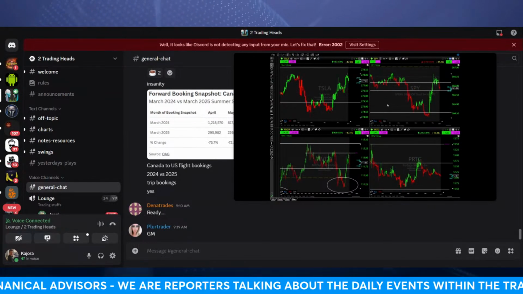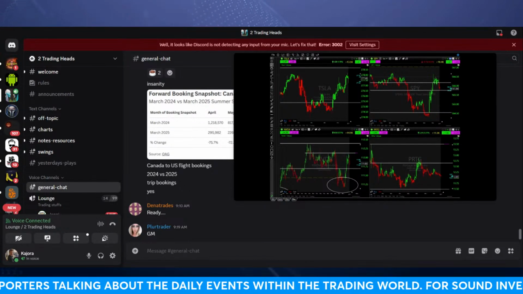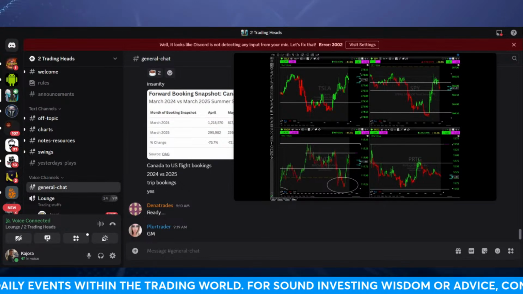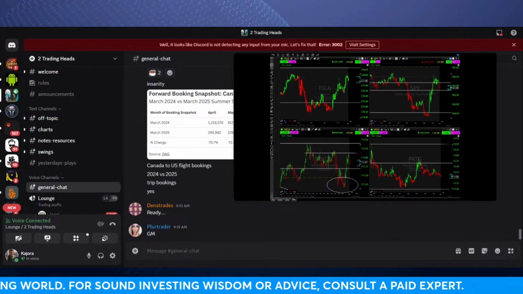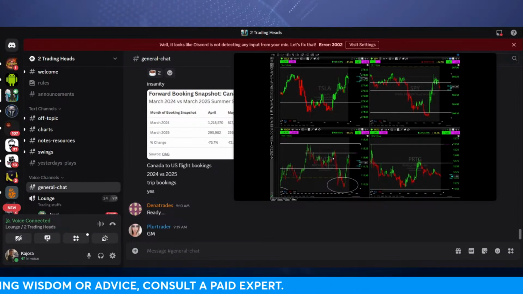Anybody else? Any other ticker you guys want to talk about? All right, so NVIDIA broke over the first resistance, came up to the second one, doesn't want to push through.